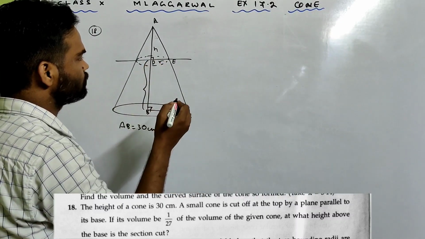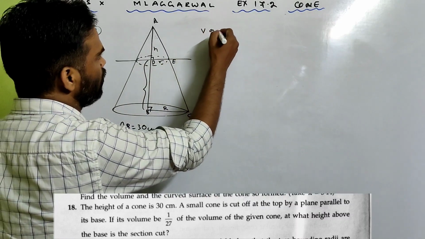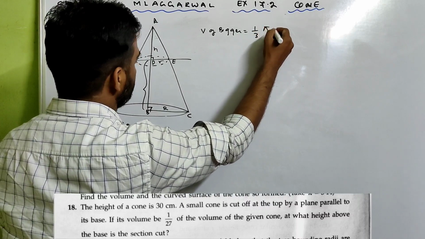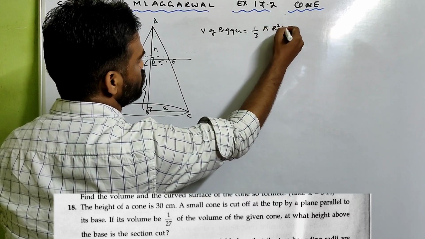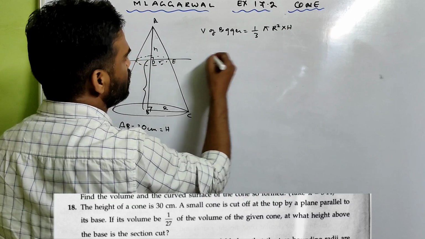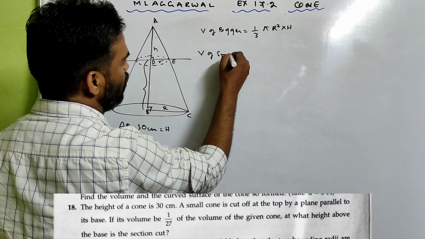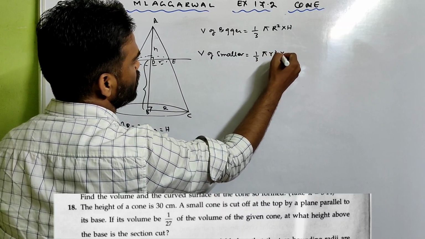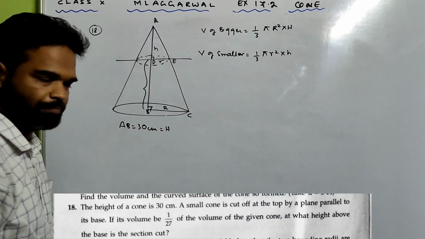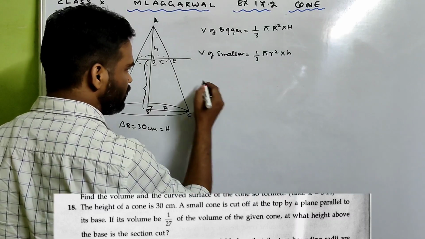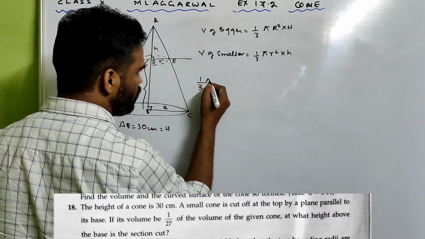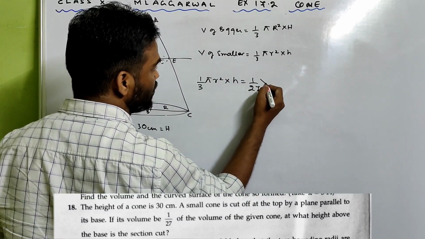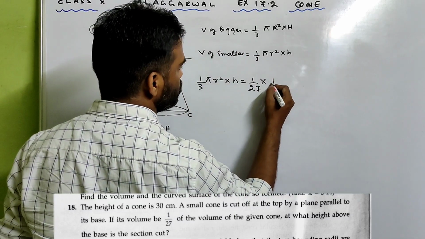This is 90 degree. See, volume of bigger cone will be 1/3 pi capital R square into capital H, and volume of smaller cone 1/3 pi small r square into small h. Yes or no? Now look carefully. They have given the volume of the smaller cone is 1 by 27 times the volume of the bigger cone.